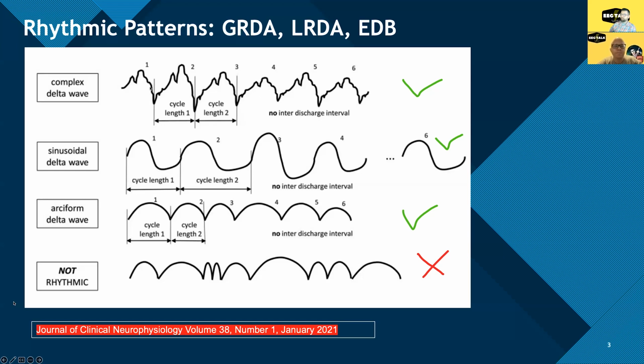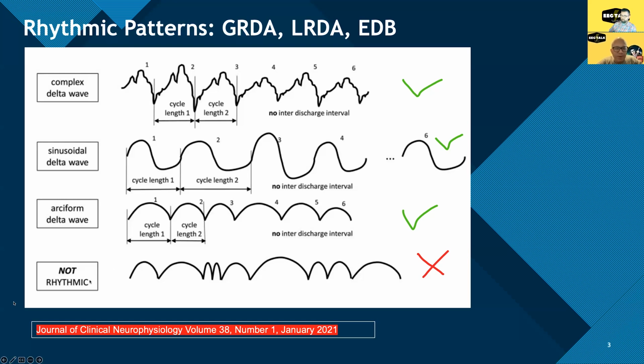So if they're similar back to back, and they're in the delta range, they are called rhythmic delta activity. Is that right? Yeah. These could be either generalized rhythmic delta activity or lateralized, GRDA or LRDA, or they could be extreme delta brush, which is another pattern we'll talk about. But we're only seeing one channel, so we can't say which of those it is right now.